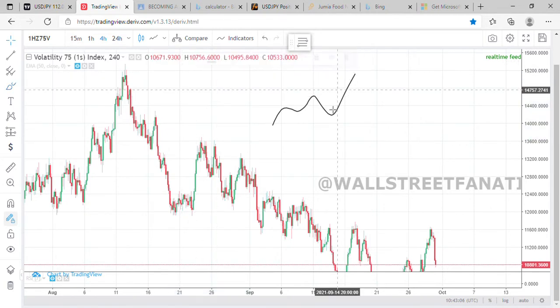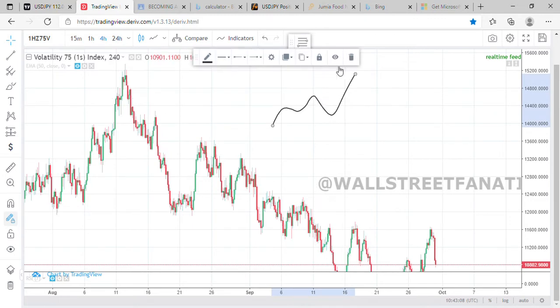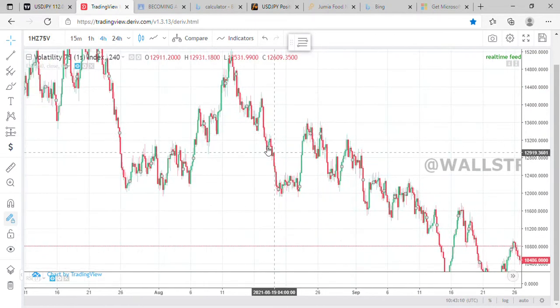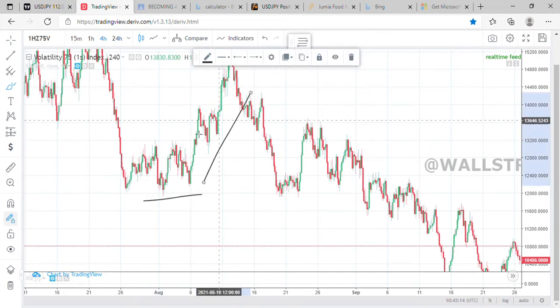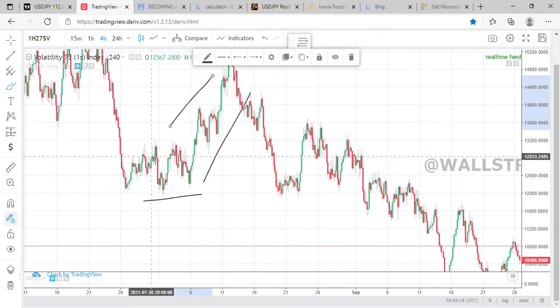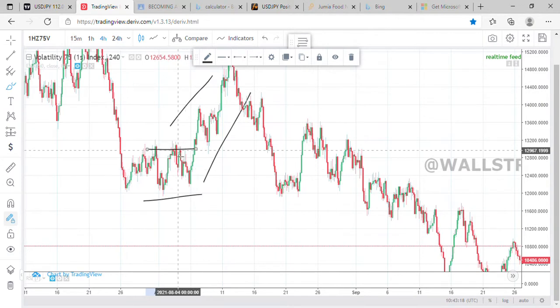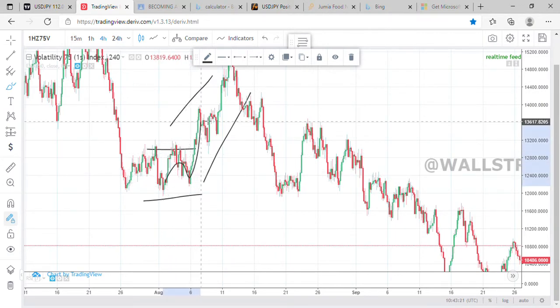We have the bullish market structure, which example is this section here. The example of your bullish market structure is a market characterized by creating higher highs, higher lows, higher highs.